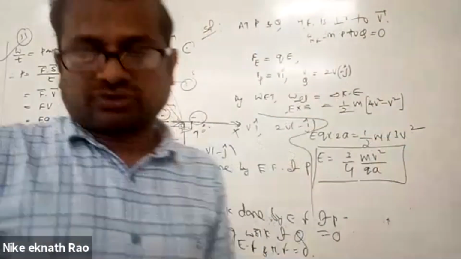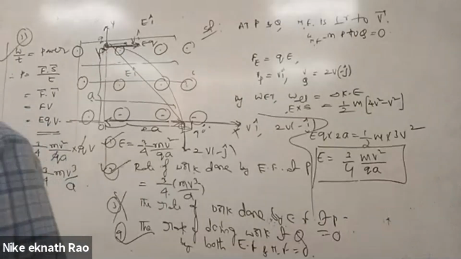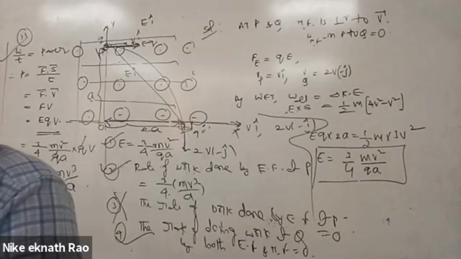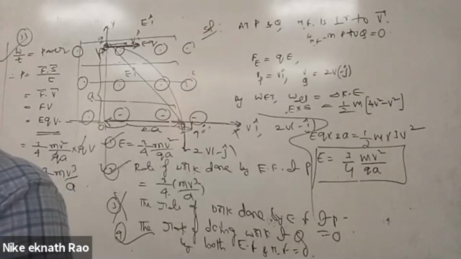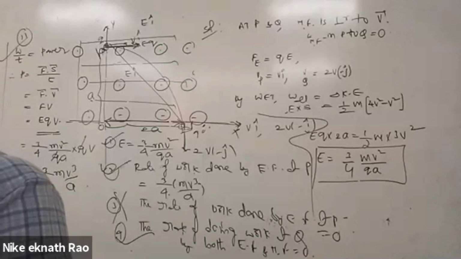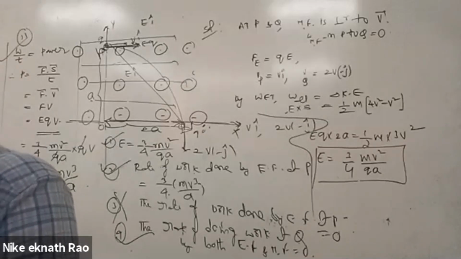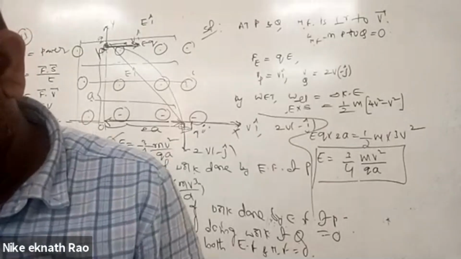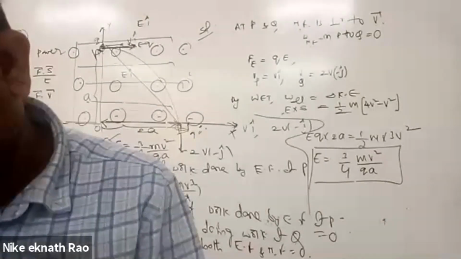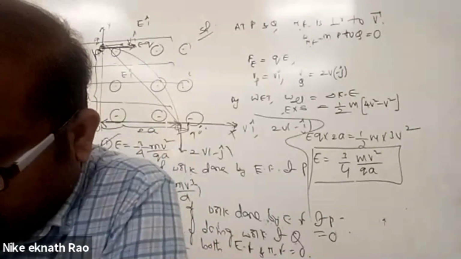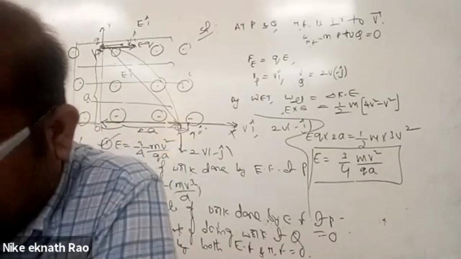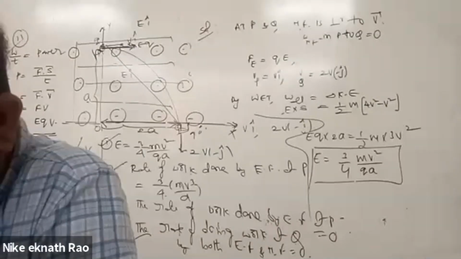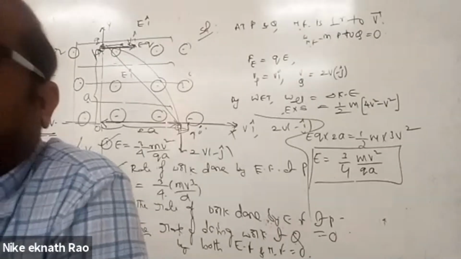So next question, write down. Electrons at rest are accelerated by a potential of V volt, capital V volt, full stop. These electrons enter the region of space having a uniform perpendicular magnetic field.